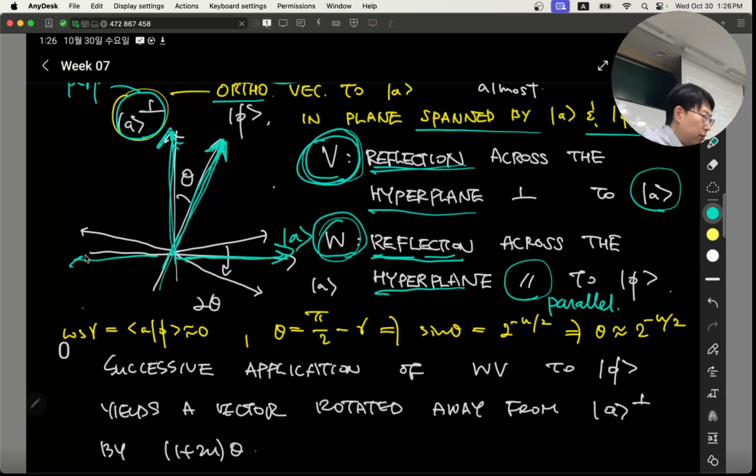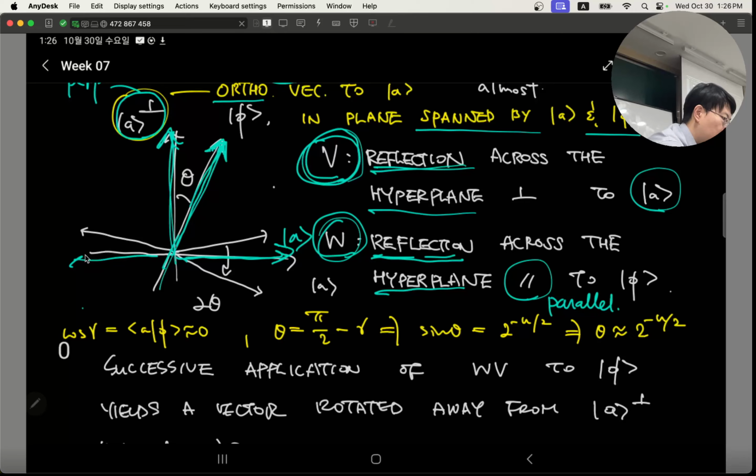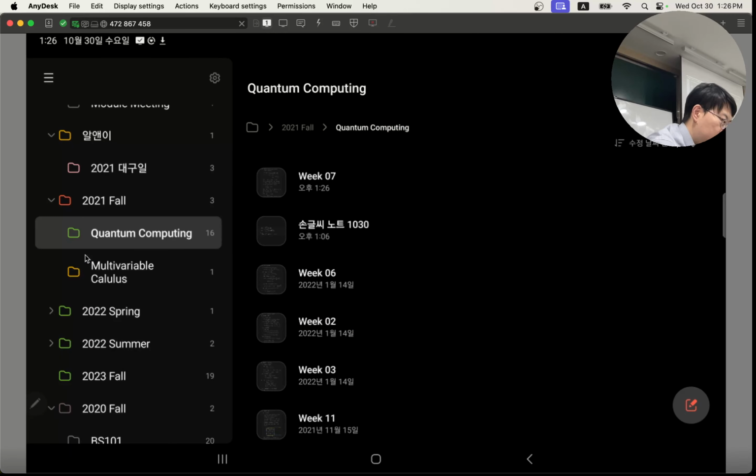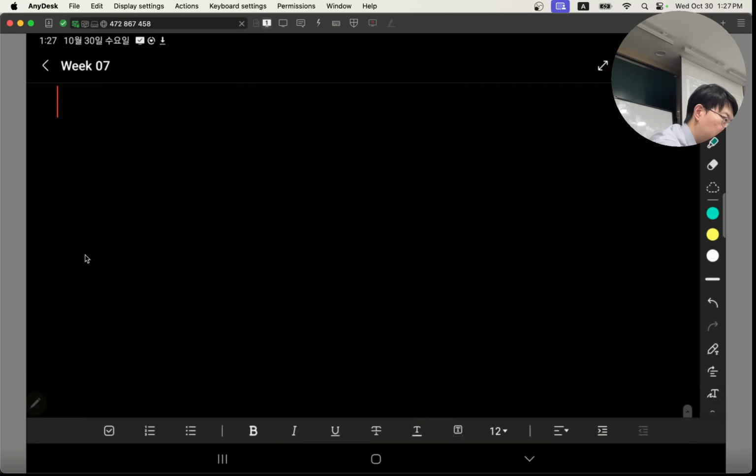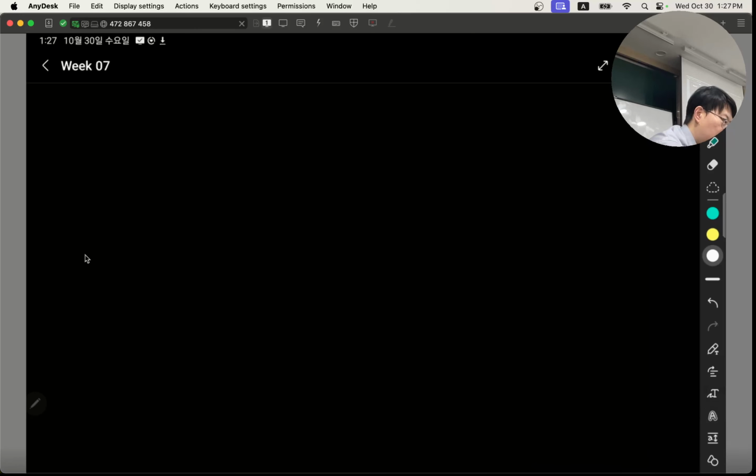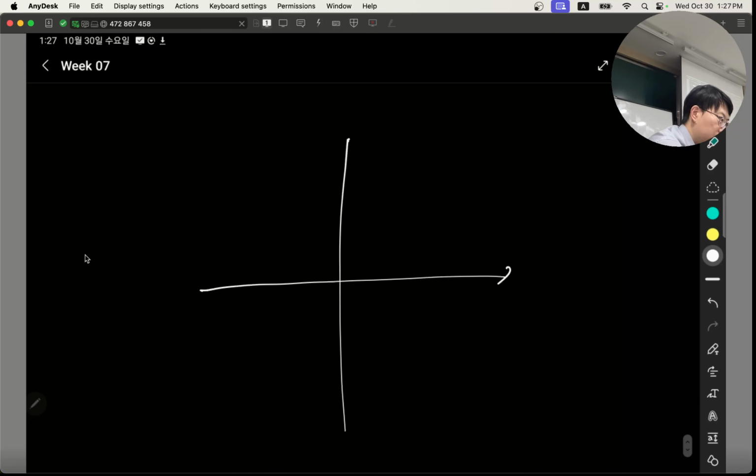I can explain more separately. Let's use the bottom space here. When you have a reflection, let me explain it using x and y coordinates.